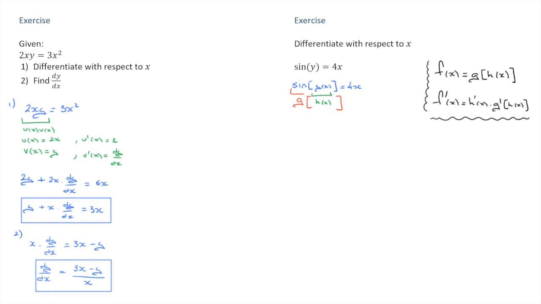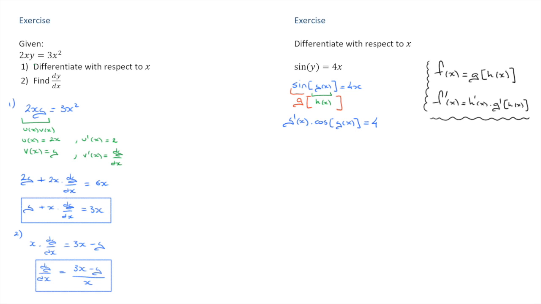So in this case that would be y dash of x times the derivative of sine, which would be cosine of y of x. And that should equal the derivative of the right-hand side. And the derivative of 4x is just 4. And we're done. We've just differentiated this expression with respect to x.